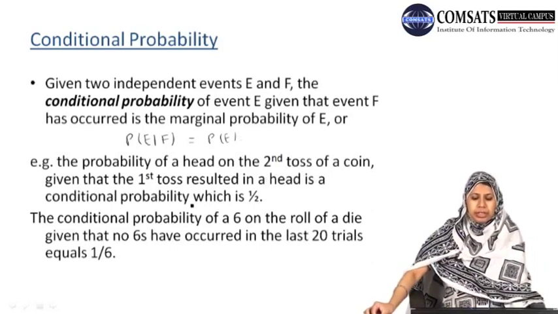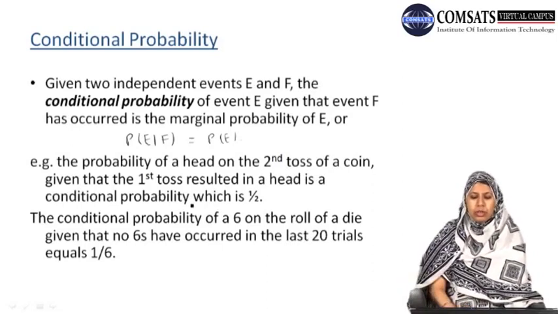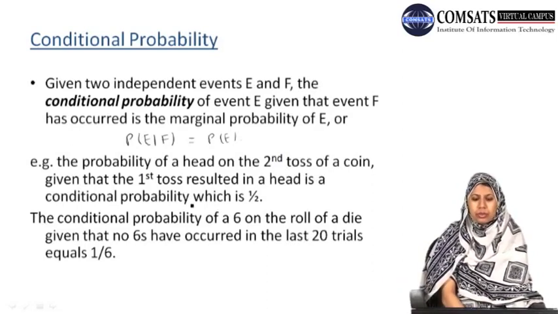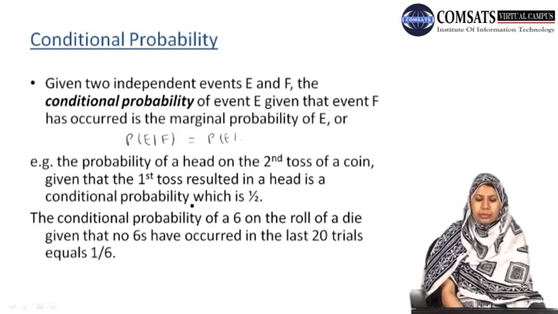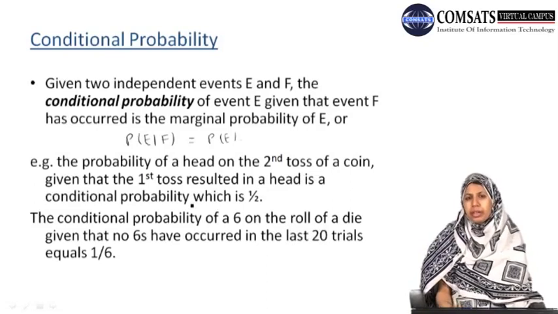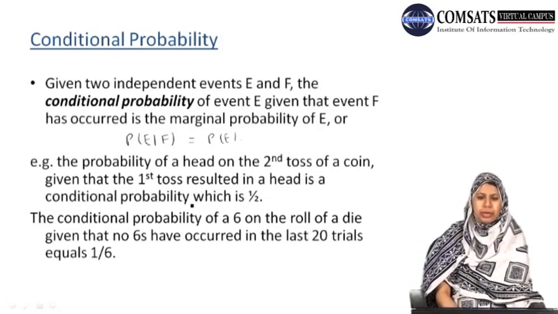The conditional probability of a 6 on the roll of a die, given that no 6 has occurred in the last 20 trials, is equal to the probability of obtaining a 6, which is 1 by 6.